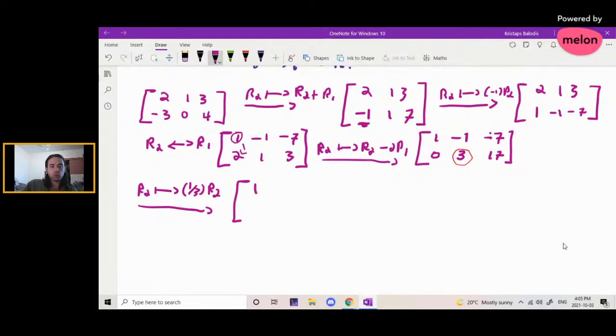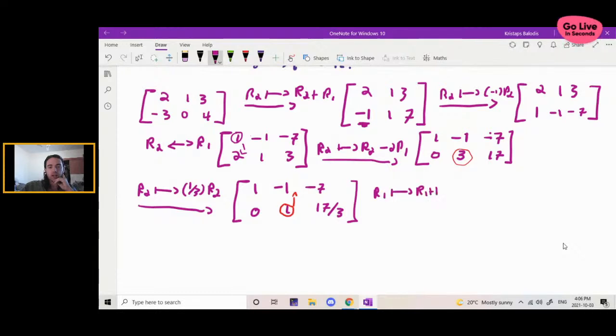This will give me 1, -1, -7, 0, 1, 17 over 3. And in order to get this in reduced row echelon form, now that I have my leading 1 on my second row, I want to make sure the entry above it is equal to 0. And this can be obtained by simply taking row 1 and adding row 2 to it.